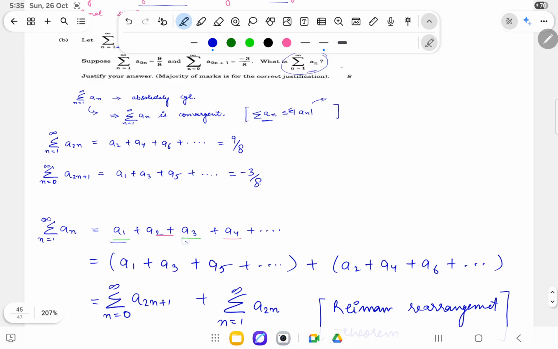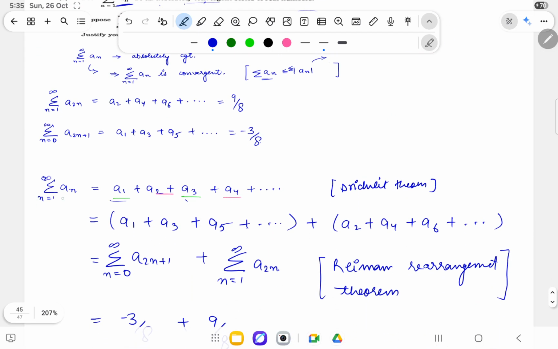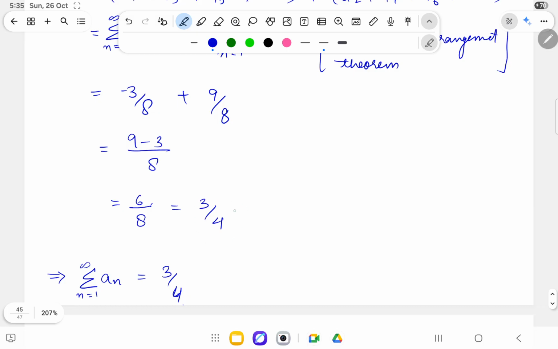Using Dirichlet's theorem, we concluded that the rearrangement, that is the sum of all the odd terms and all the even terms, is also absolutely convergent. Further, Dirichlet's theorem says that they both converge to the same sum as the original series. So the original series will also converge to the same sum as the sum of these two sub-series. Because of that, we conclude that the original series converges to 3 by 4.